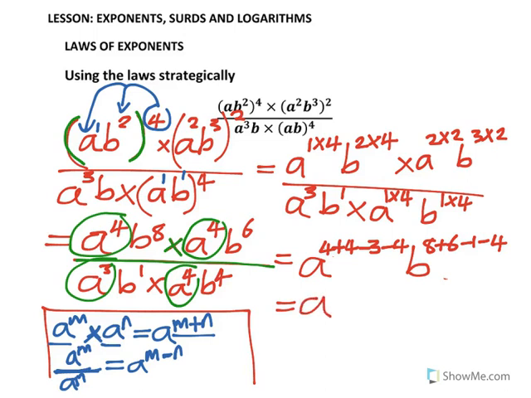This is the same as a to the power 1, b to the power 8 plus 6 minus 1 minus 4. This is b to the power of 9. Then that's your final answer.